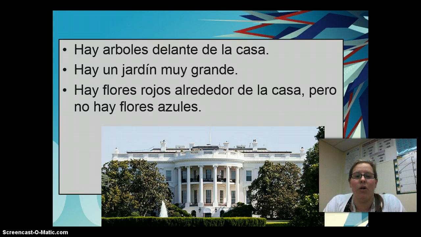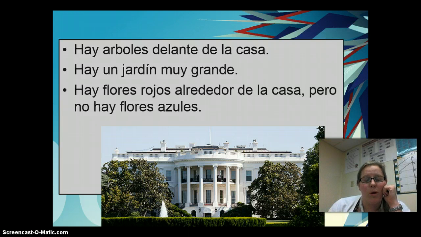Hay flores rojas alrededor de la casa. There's red flowers around the house. So let's imagine these red flowers go all the way around. Pero no hay flores azules. So we can see how using hay in our prepositions, we can answer the question, what is your house like? Okay? So this would be a great description if you had to describe your own house, which you will, okay?